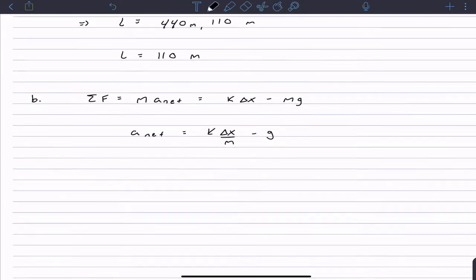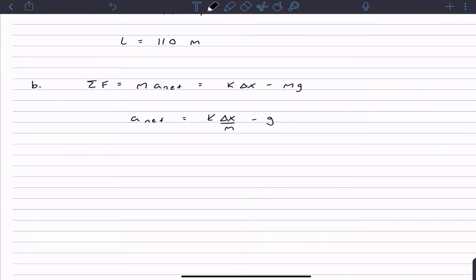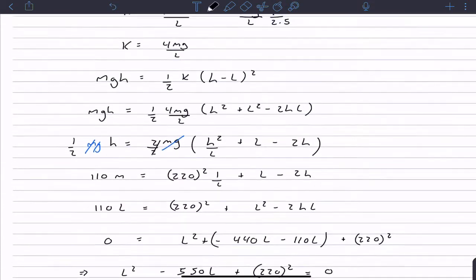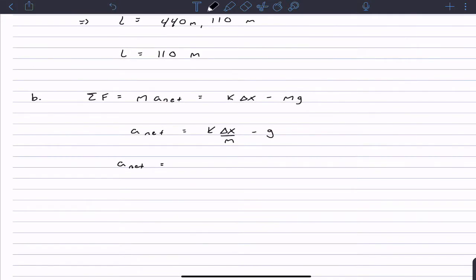All right, and we have a value for our L. So now we're looking at, and what was k? k was 4mg over L. So 4mg over L times h minus L, over m, minus g.